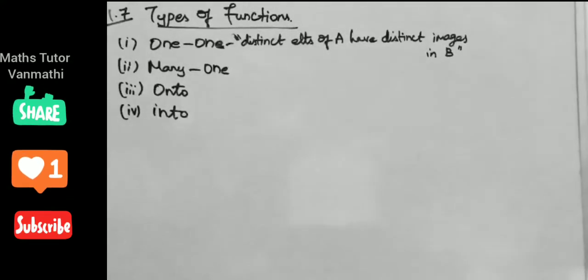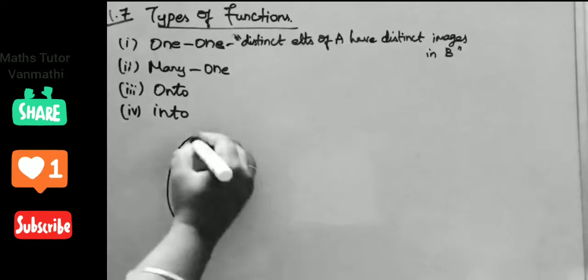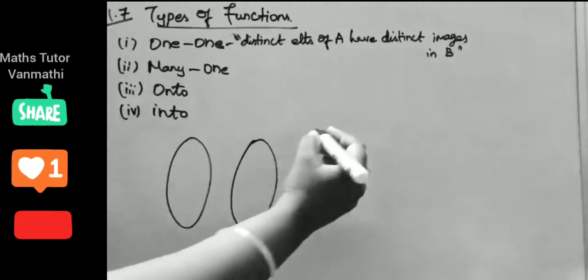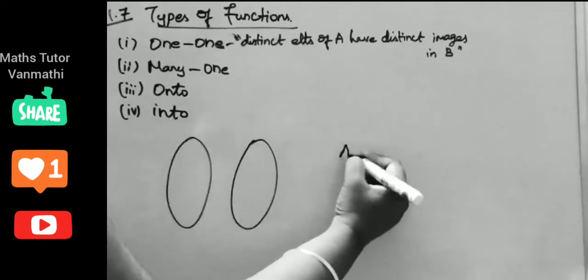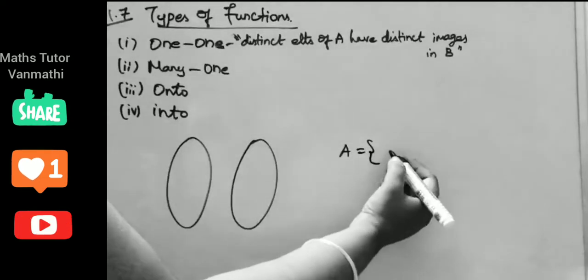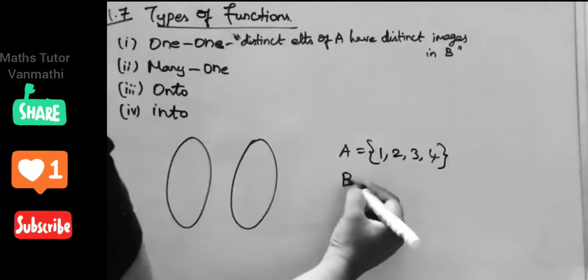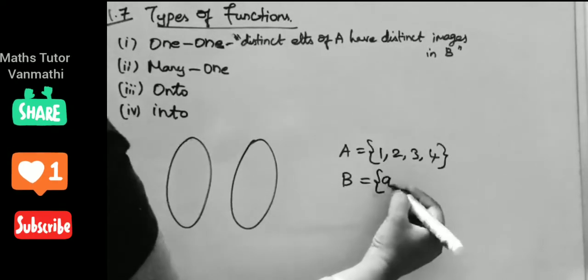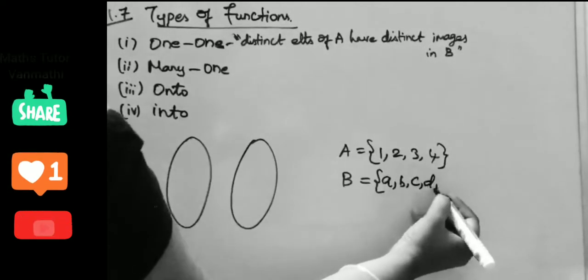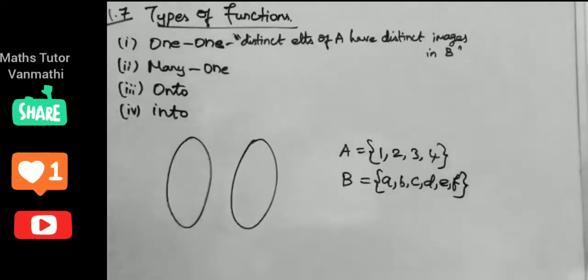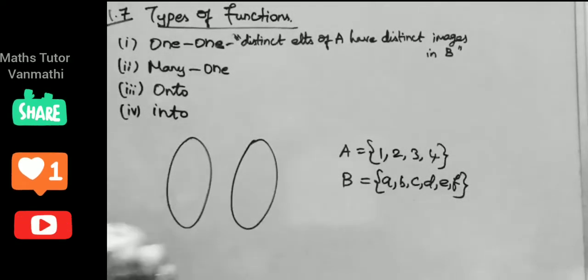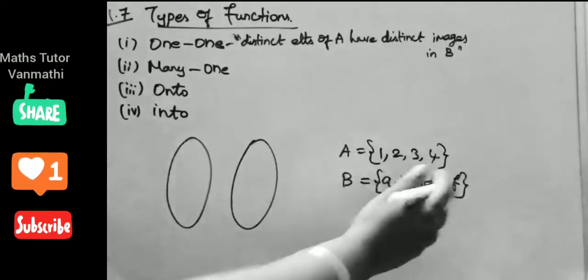We can see it with an example. Consider an arrow diagram and the elements given. The elements are A is equal to {1, 2, 3, 4}. B is equal to {a, b, c, d, e, f}.